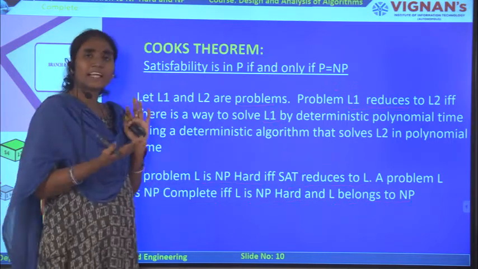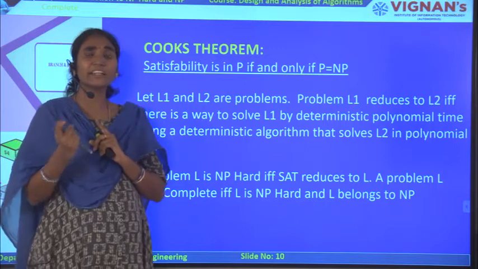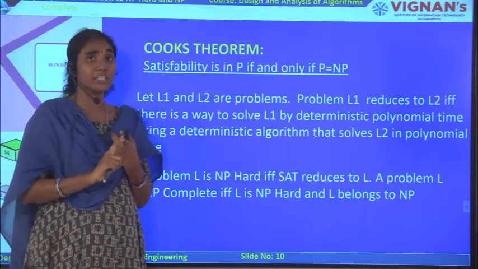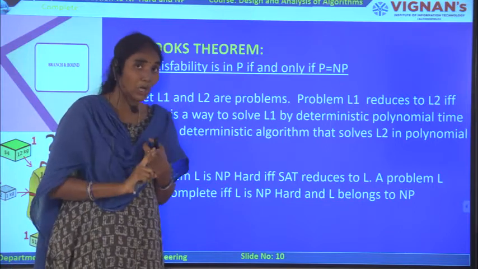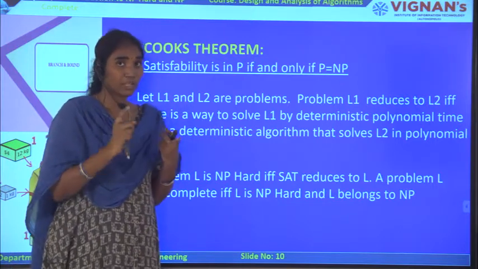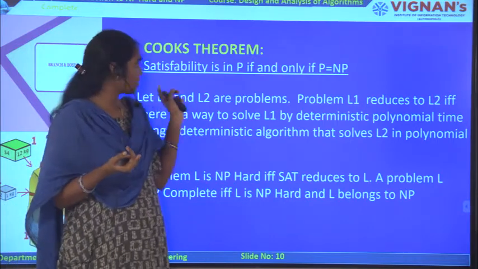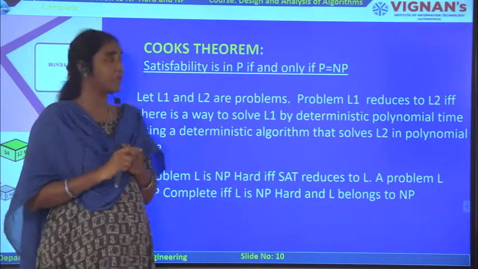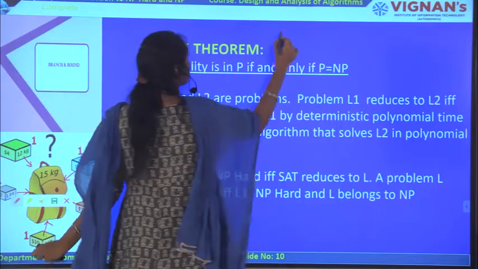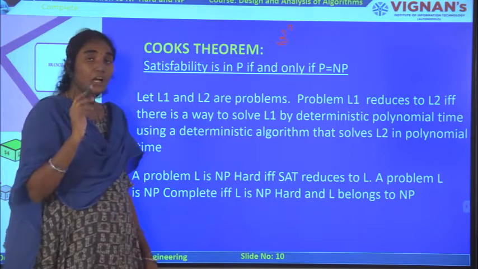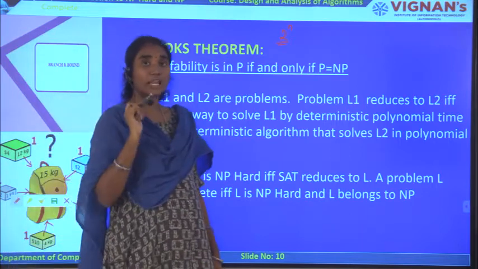How is the satisfiability problem relating to our remaining problems? Previously I said that if one of the problems is solved in the exponential time category, I can solve the remaining ones. So here your satisfiability problem has how many possibilities? 2 power n possibilities. Now let us consider your knapsack problem.